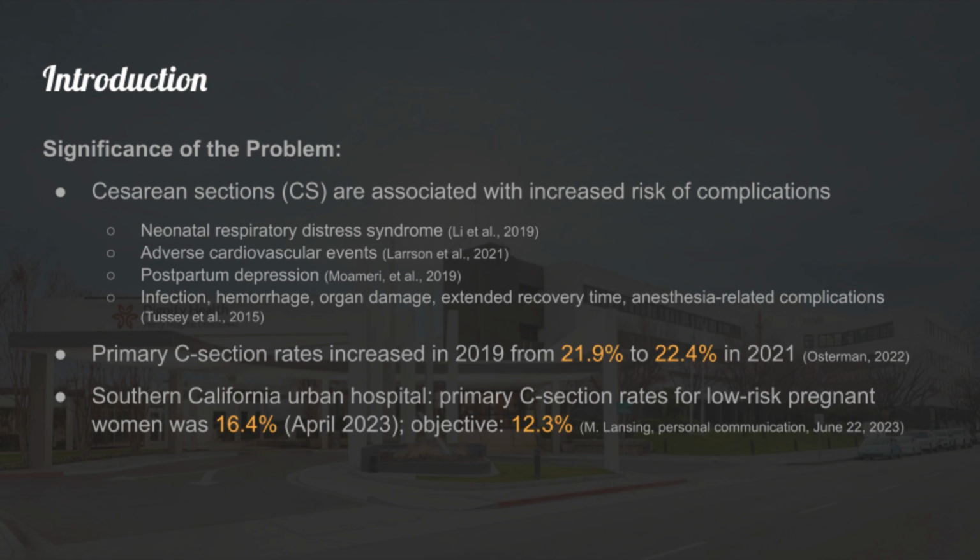However, despite all of this, the primary C-section rate increased from 21.9% in 2019 to 22.4% in 2021 in the United States. A specific hospital in Southern California has the goal of reducing the primary C-section rates for low-risk pregnant women from 16.4% in April of this year to 12.3%, to reflect on the significance of reducing complications related to cesarean section.